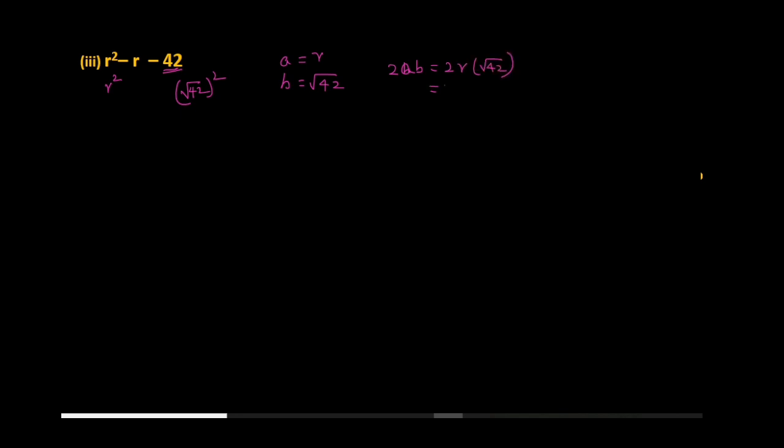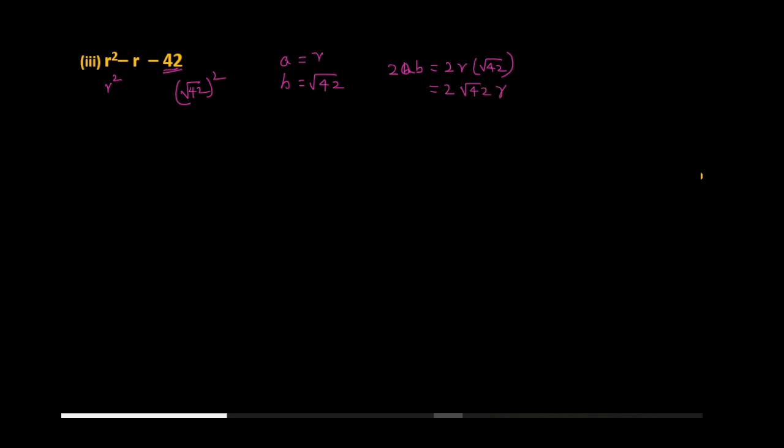Next, r squared. If we are taking, this is the first term r squared, this is our last term, square root of 42 squared. Then a is r, b is square root of 42. Then we need to get 2ab, nothing but 2 into r into square root of 42, which is 2 square root of 42 r.